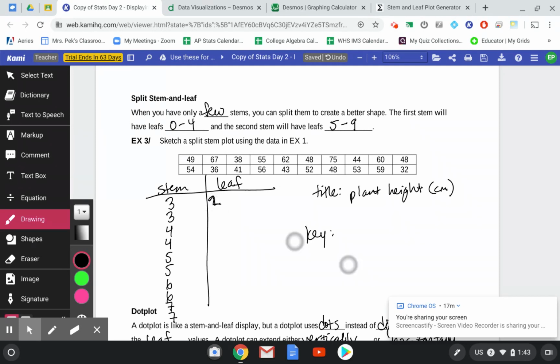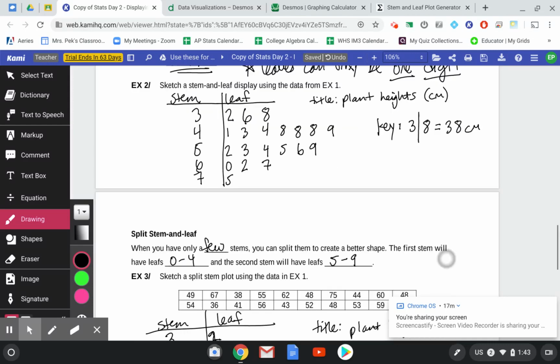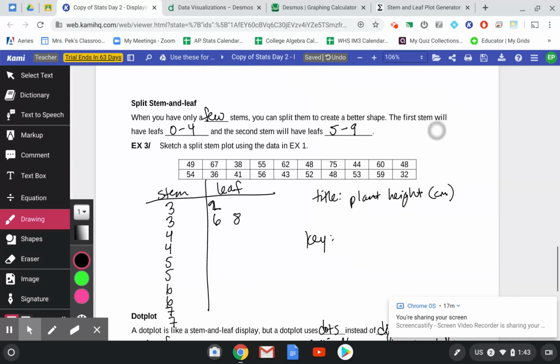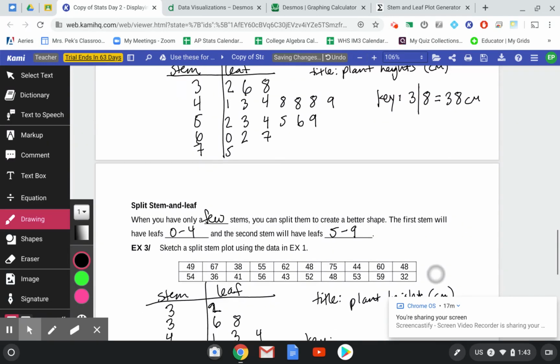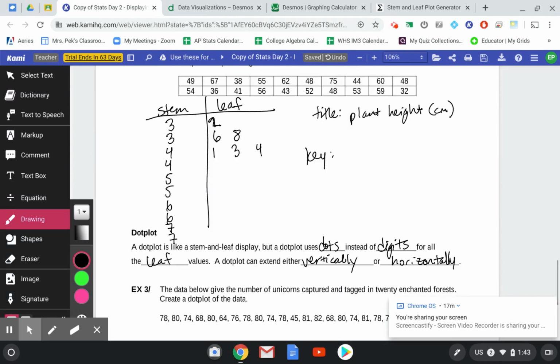The second one, I had a 6 and an 8. In the 40s, I have a 1, a 3, and a 4, and 3 8s and a 9.